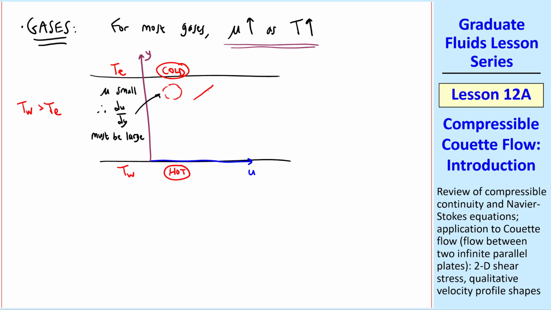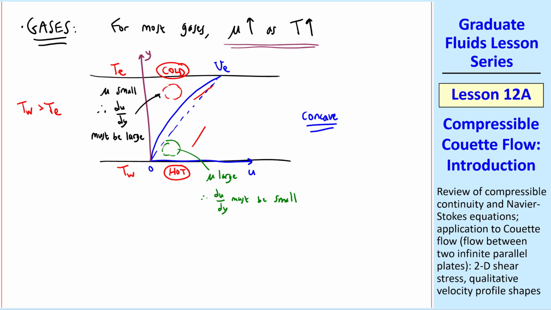We expect the slope to be large. The opposite is true here. Since mu is relatively large at this higher temperature, du dy must be small. The slope must be smaller like that. Thus the velocity profile will look something like this, going from 0 at the lower wall to ue at the upper wall. In other words, it's concave compared to the incompressible case.